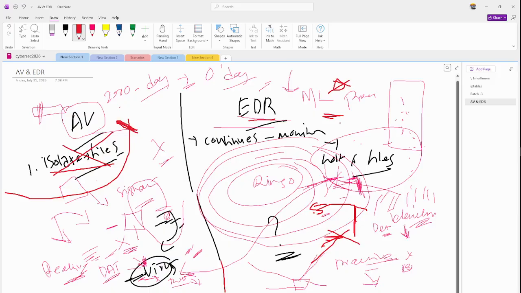And let's say you want to integrate with a lot of logging tools: antivirus will have limited support, while EDR will have complete support.